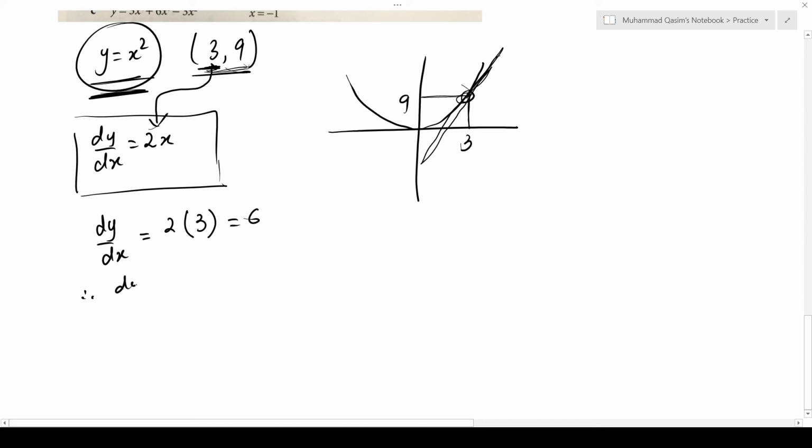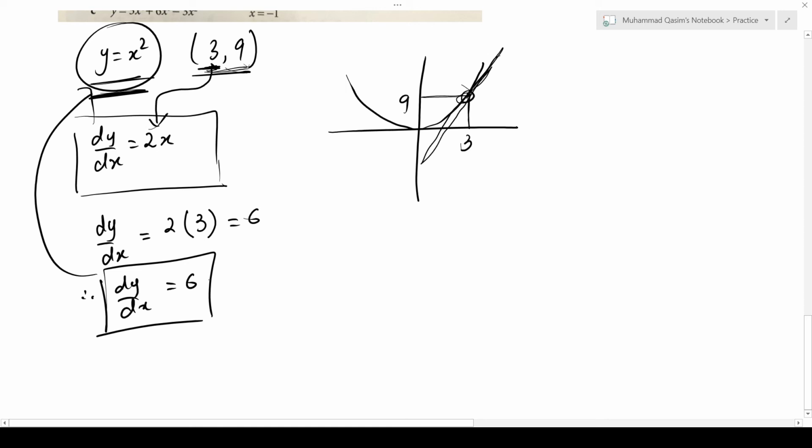Therefore dy by dx equals 6, means rise over run is 6, or the gradient is 6. The gradient of y equals x squared is 6 at x equals 3 and y equals 9. Remember, you're going to plug in the x coordinate of a given point.